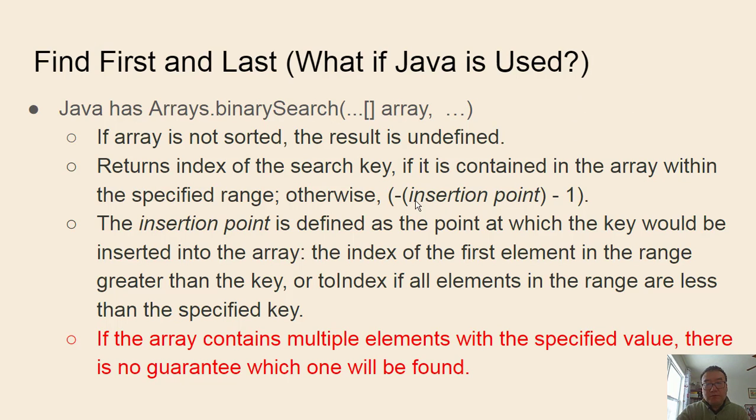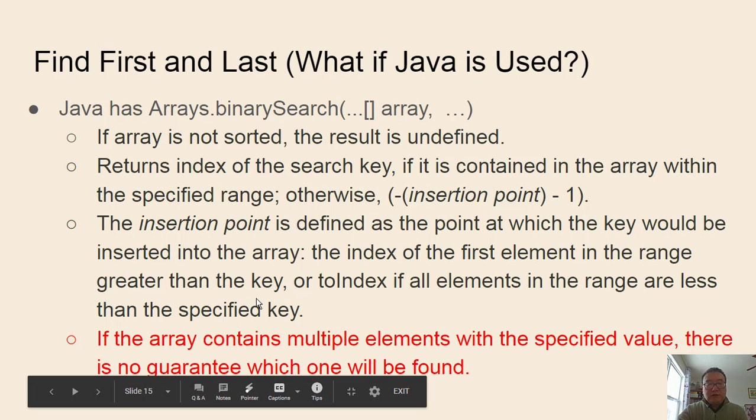They want to provide the insertion point, but to distinguish it from the situation where the element exists, it's a negative insertion point. But the insertion point could be 0, and the index where the element occurs could also be 0. To avoid ambiguity, they use the negative insertion point minus 1.